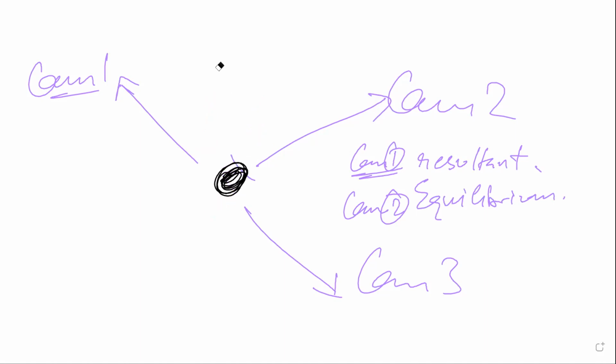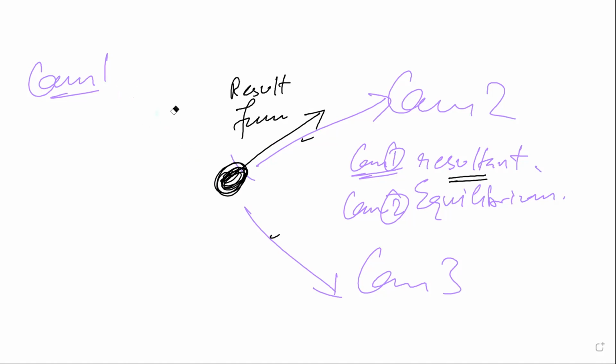Okay. So when we have to find the resultant, what it means is that these three forces can be replaced by a single force which would be pointing in a certain direction.